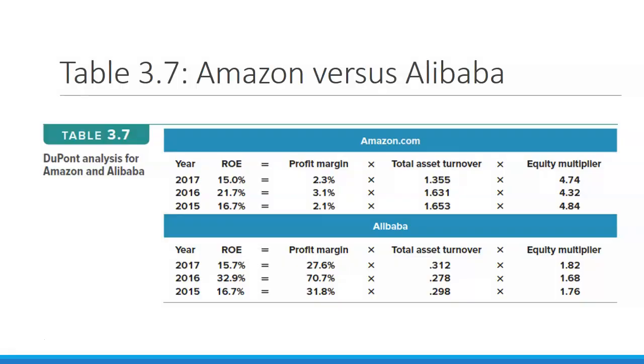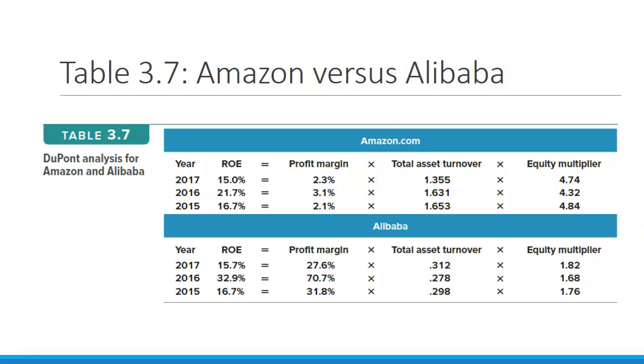In this table, we can see the DuPont analysis for two different companies, Amazon and Alibaba, as they compare to each other and what makes up their return on investment. Even though they both have about a 15% return on investment in 2017, and the exact same percent of return on investment in 2015, their other numbers are very different.